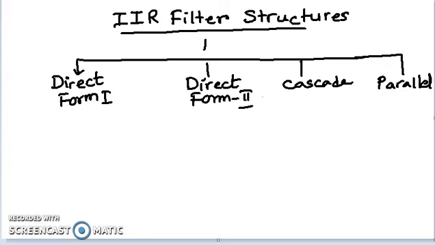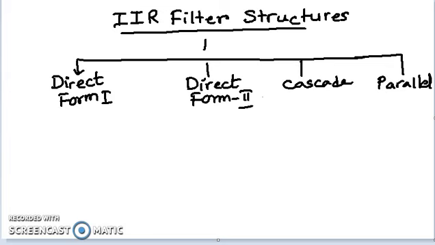The coefficients attached with the poles and zeros, we have used in a general structure form as a_k and b_k. So when we got this transfer function, we have actually found a_k and b_k. Now, how to arrange these a_k and b_k? These will be governed by the third part, that is filter structure. Okay.